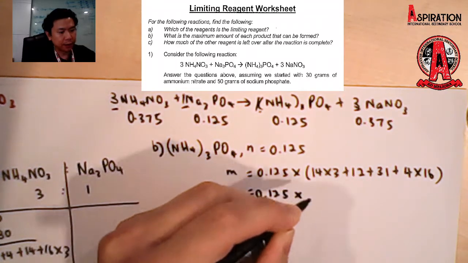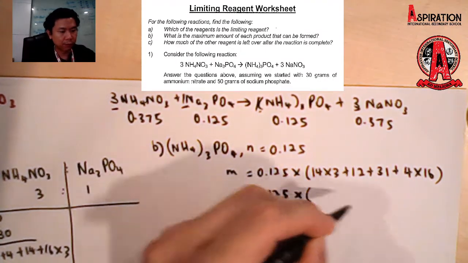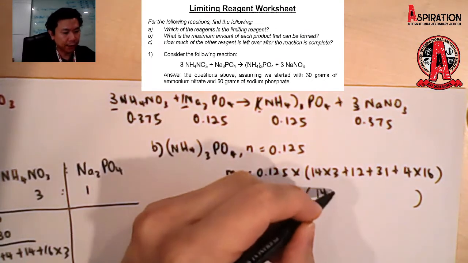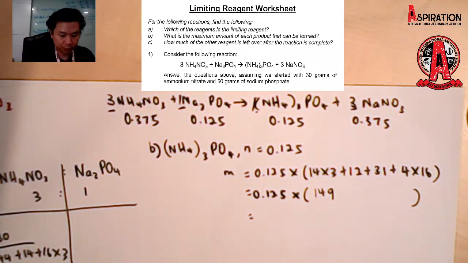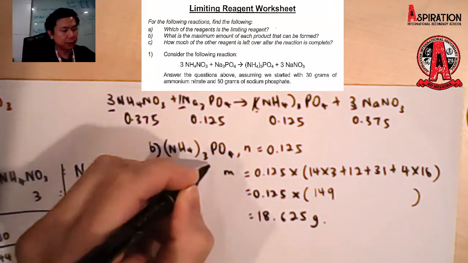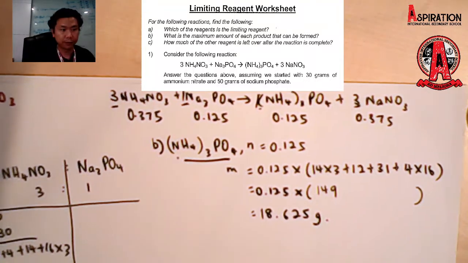So what is the mass of 1 mole of ammonium phosphate? It's 149. We multiply that with the moles. We've got 18.625 grams of ammonium phosphate.